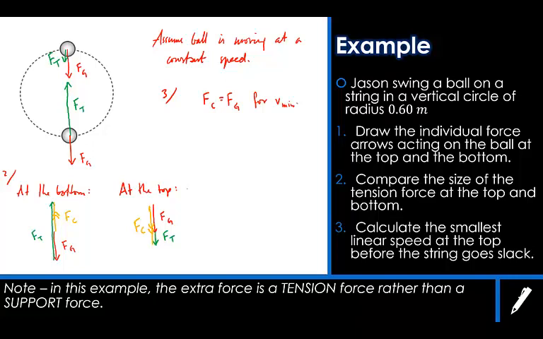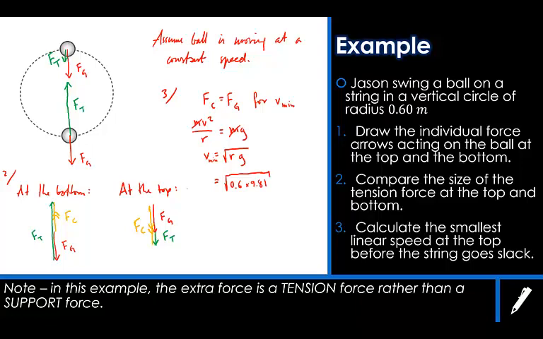So let's put in the equations for those two things. We have mv squared over r is equal to mg. We can cancel these m's, and therefore we can see that V should be equal to the square root of Rg, that's V min, which in this case is going to be the square root of, we were told that the radius was 0.6 meters, so 0.6 times 9.81.